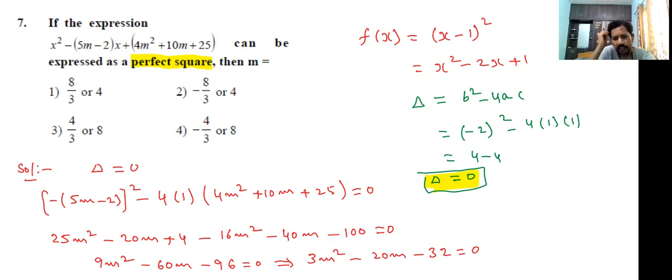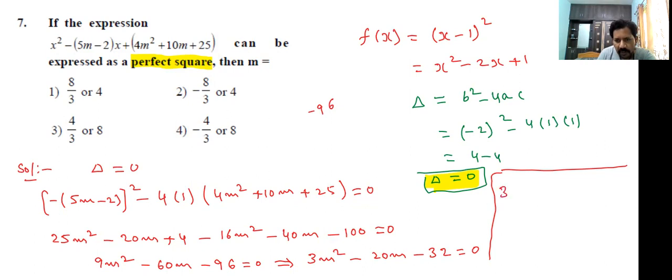Now tell me factors. What are the factors, students? Tell me. 3 into minus 32. 3 2s are 6, minus 96. Minus 96 when it is possible. 12 8. 12 8s are 96 now.